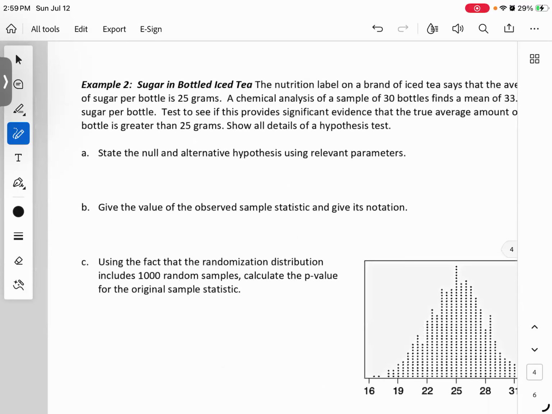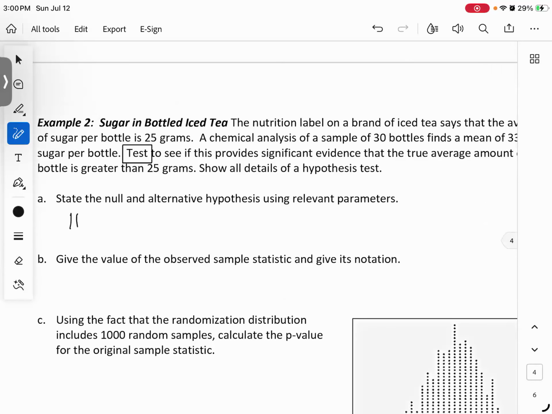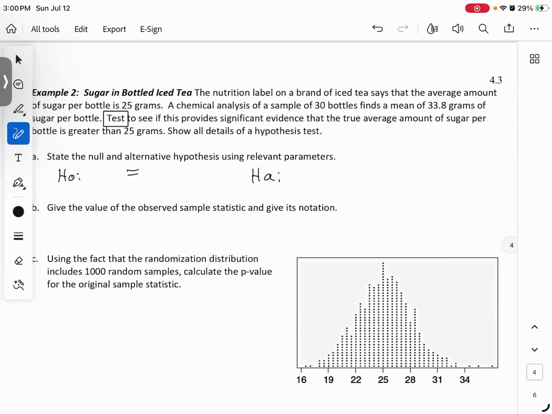And since we haven't done a whole bunch of these, I'm still going to just give this that word test is meant to be the statement that sets up what the two arguments are. And remember, the null is the one that always says, hey, the value for something is equal to this. But then the alternative comes along and says, no, I'm going to argue that it's maybe less than, greater than, or it differs. Now, once you read the entire prompt, you'll be able to do that.